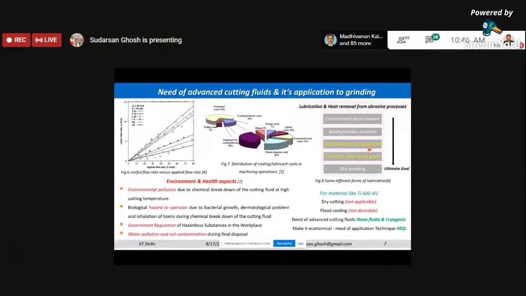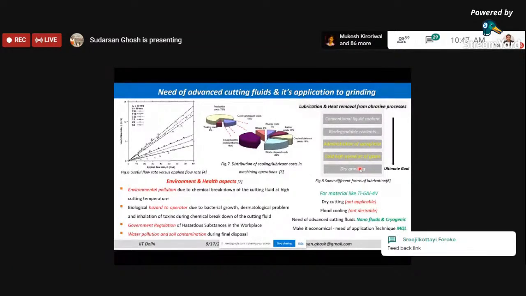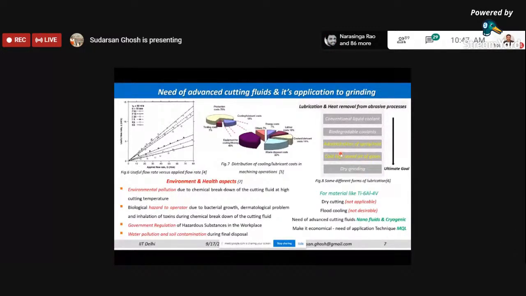The same metalworking fluids, but in very limited quantity, are applied in spray or mist form, and this spray or mist goes into the machining zone or the grinding zone using a high-speed jet of gases. Normally we use compressed air, that means air as the gaseous medium is the common way by which we ensure that the spray or mist of the metalworking fluid reaches the grinding or the machining zone.